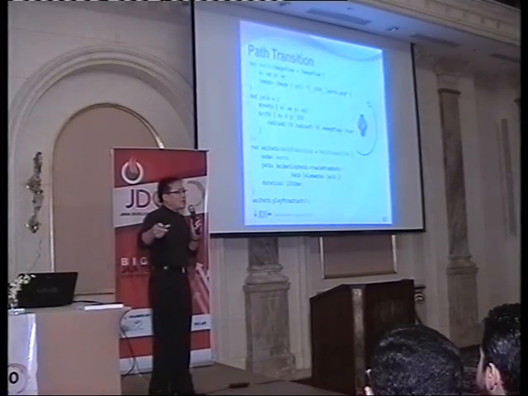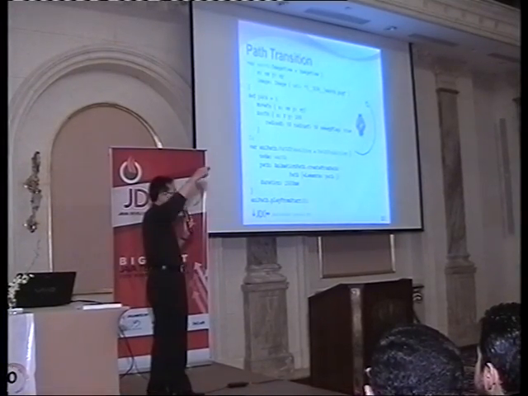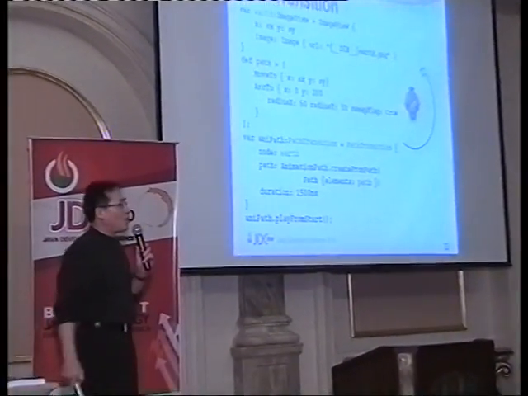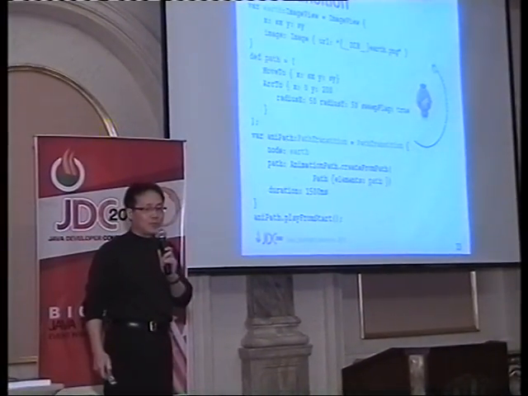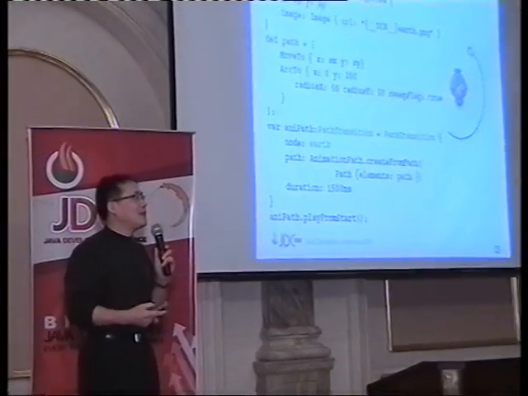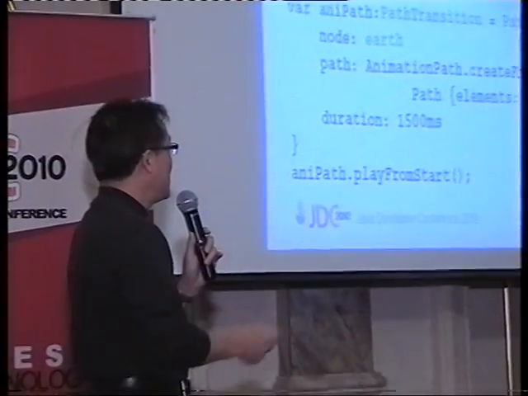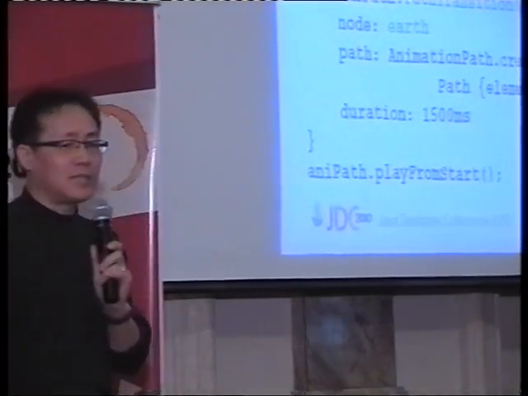So this is the collection of path that the path animation will follow, and then I call play or play from start. If you say play, then it will start from a pause point. If you say play from start, it will start from the beginning.